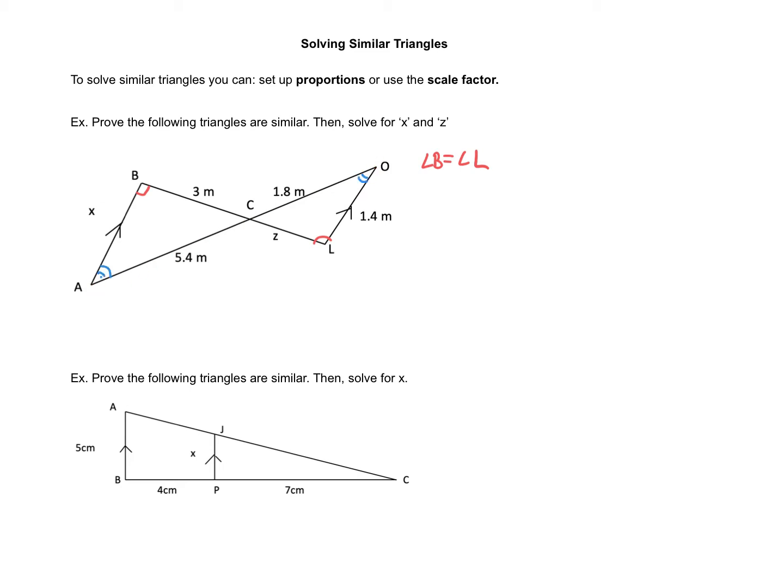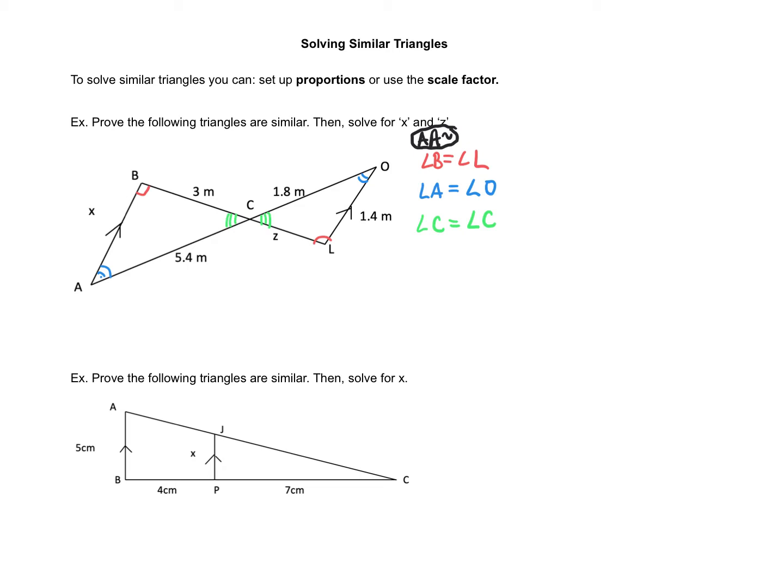So angles across from each other are similar. And finally, C and C are the same because they are opposite angles. And I like to write the last angle statement, even though this is the angle proof.